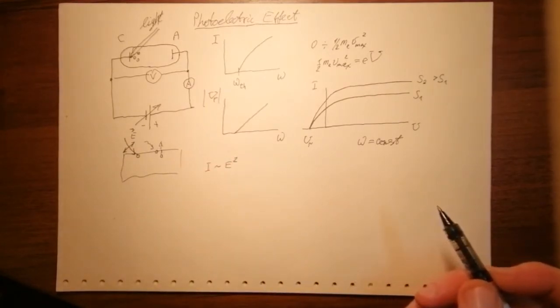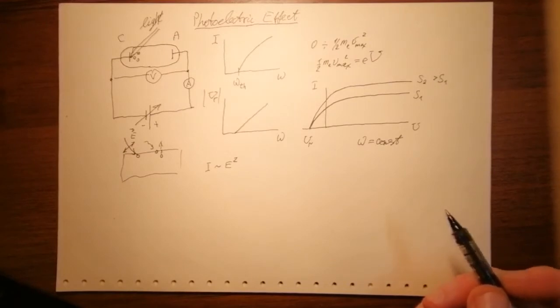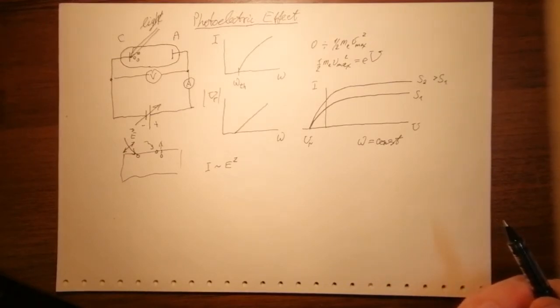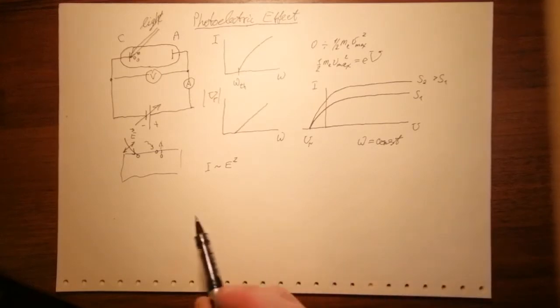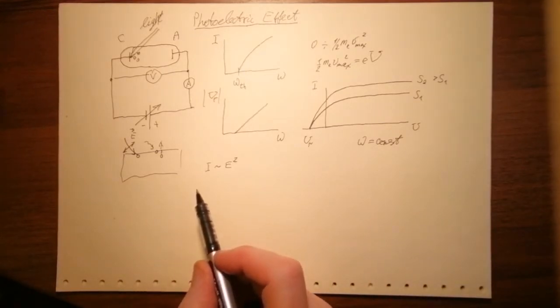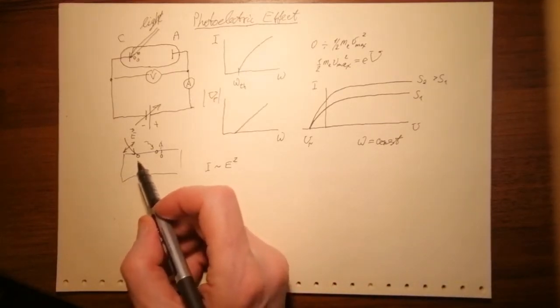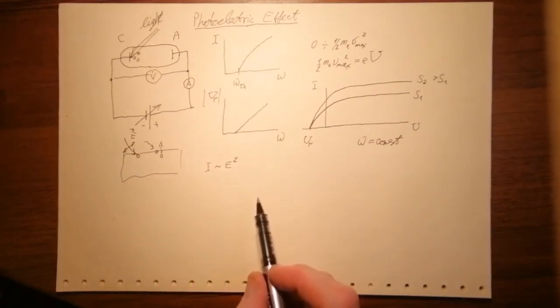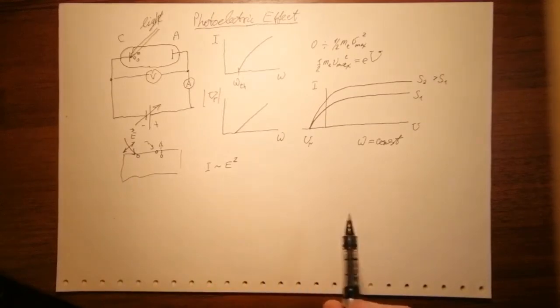In classical physics the greater the amplitude of oscillation, the greater the energy of these oscillations. But we don't observe this, because we know that the energy of these electrons does not depend on the intensity. Only the number of electrons emitted depends on intensity, not energy.